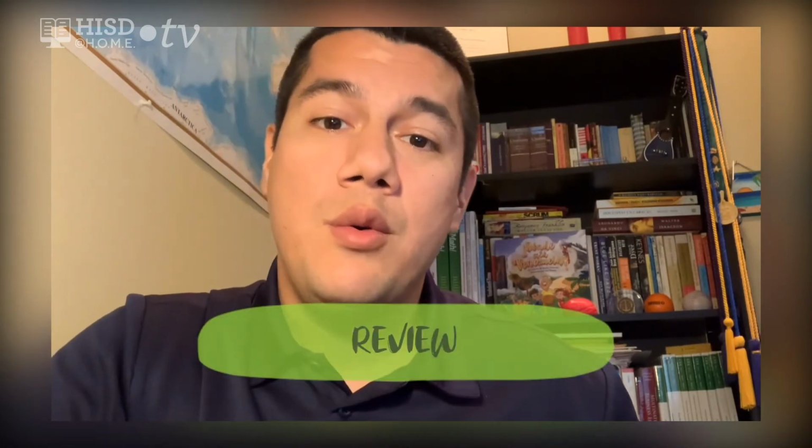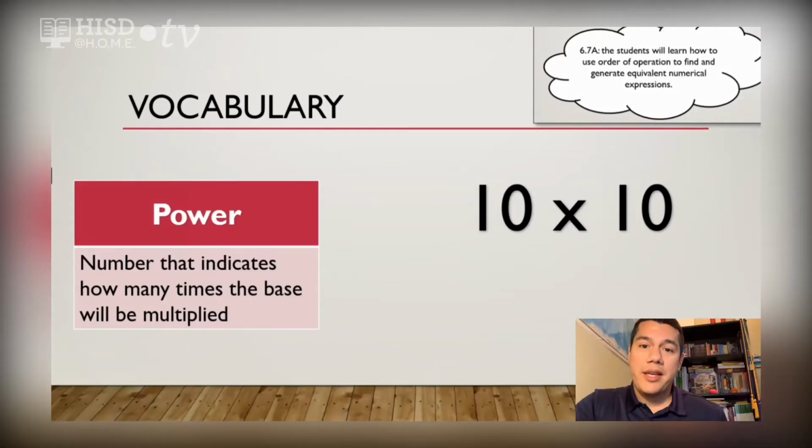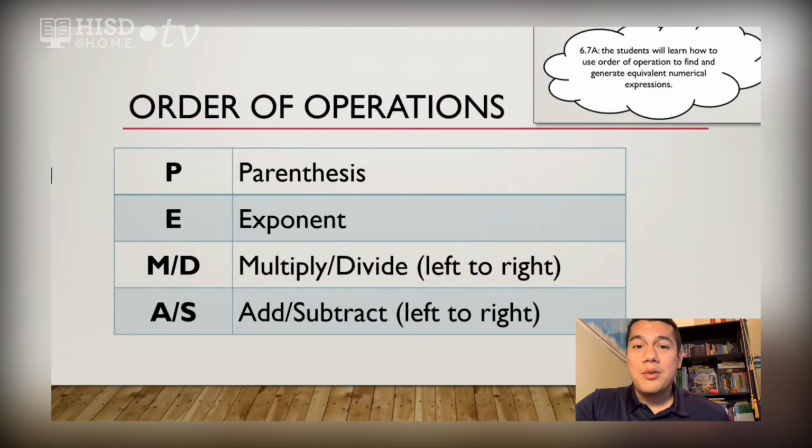In order for us to review what we learned last week, we have to go back to our acronym called PEMDAS. Remember that we discussed this as the order of operations when you have a mathematical expression. The first thing you have to tackle is the operation inside of the parentheses.